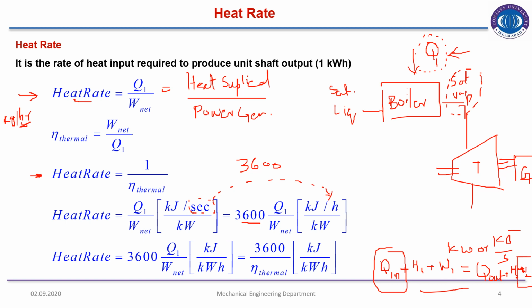And in terms of efficiency, if we are given the value of efficiency, then the heat rate will be calculated as 3600 divided by efficiency, which has a unit of kilojoules per kilowatt hour.